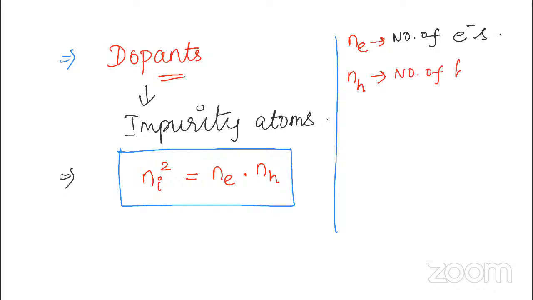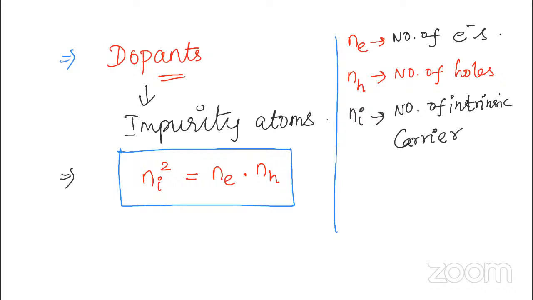Then Ni represents the intrinsic carrier concentration.